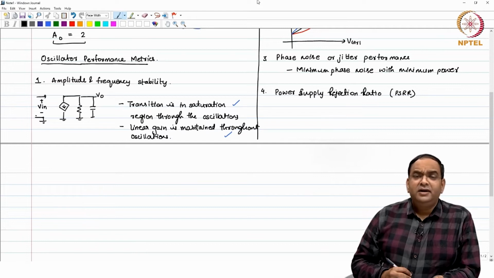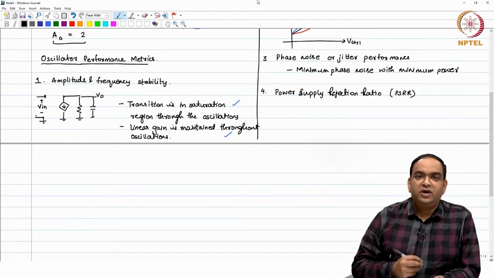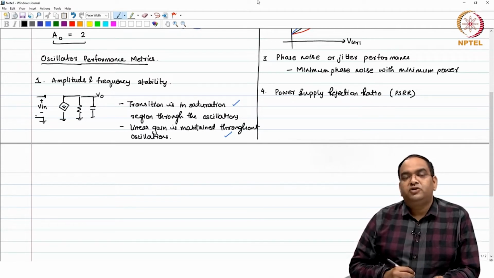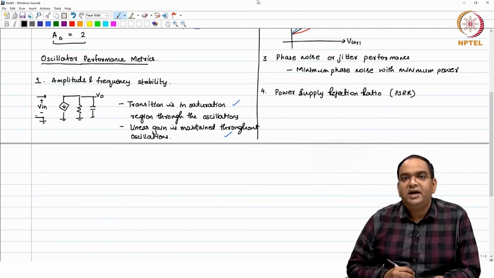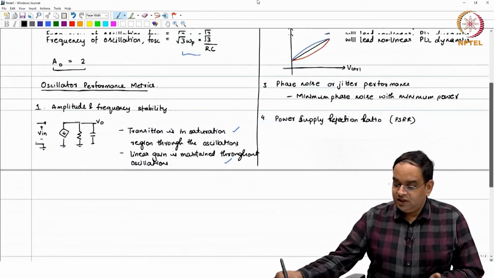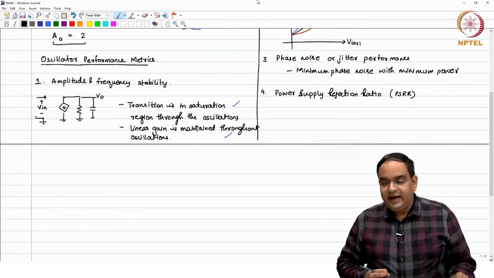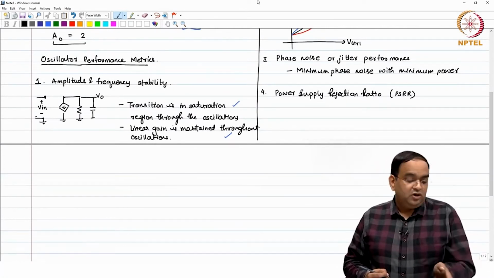This is critical in ASICs where you are having multiple PLLs. Okay, so if each PLL starts picking up the noise from the nearby signals, then the output of the PLL will be noisy, not because of the thermal noise in the PLL, but because of the noise coupled on the supply from nearby signals. Okay. So, these are the performance metrics which we will look at during the design of the oscillator.